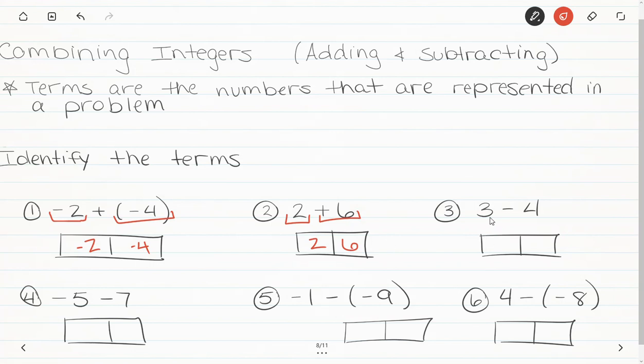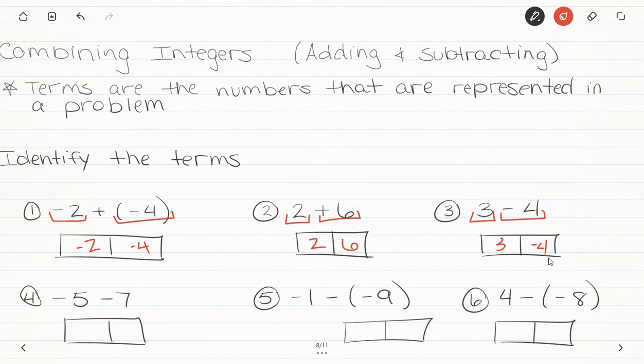If I look at number 3, the 3 is a +3, and I don't have to put a plus sign on it because I know it's already positive. And the 4, that minus sign actually goes with the 4 and says that the 4 is a negative. So we've really thrown you for a loop in elementary school because subtraction is actually the sign in front of a number for making it a negative.